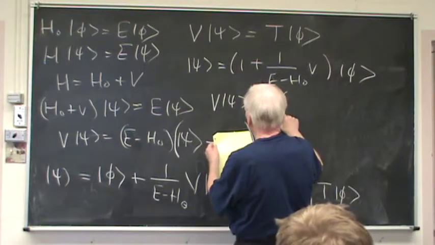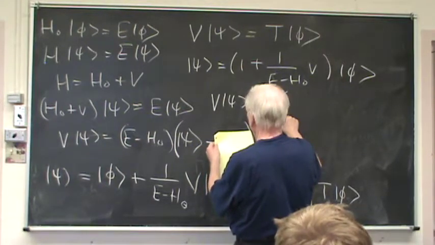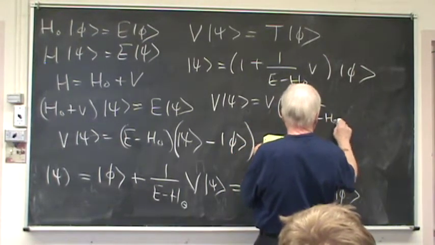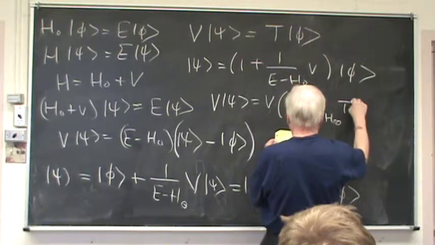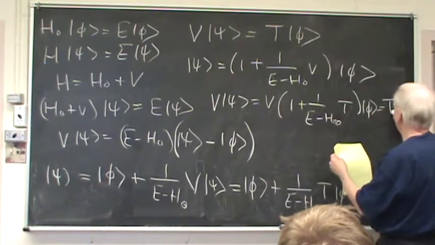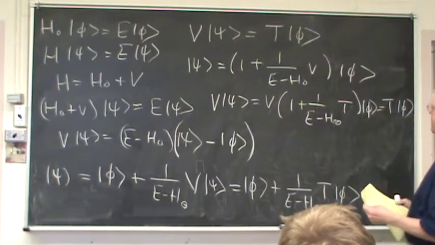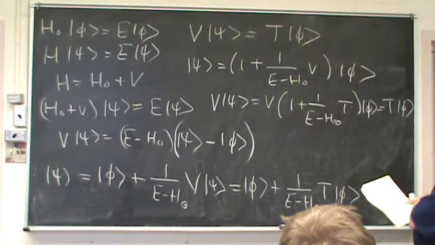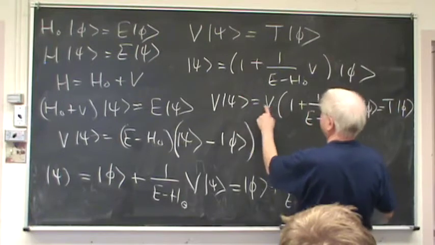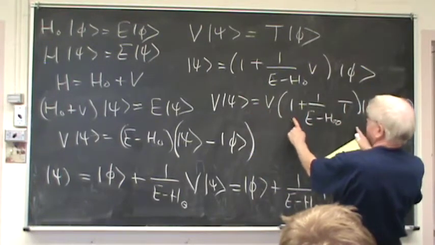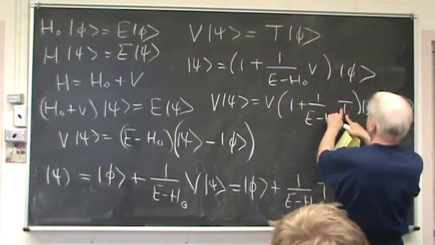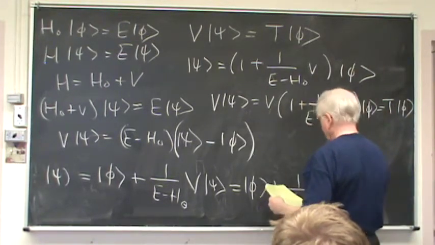Oh, V should be D. So we just saw that psi is this, so V psi is V times psi. Well, psi is 1 plus 1 over E minus H0 times, oh, this is a V. No, it's supposed to be a T.